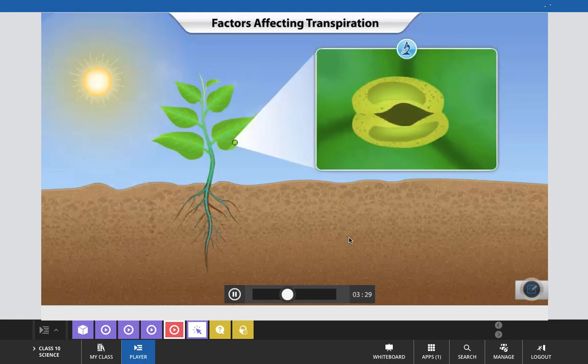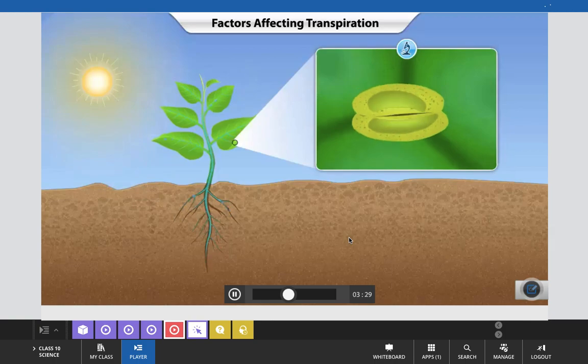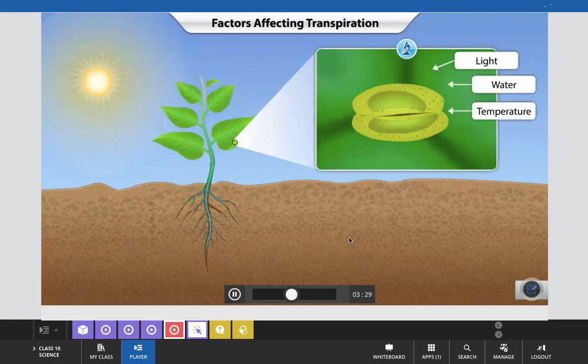The opening and closing of the stomata occurs in response to changes in the environment, such as light, water, temperature, humidity, and the concentration of carbon dioxide within the leaf.